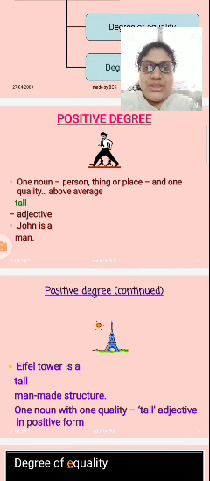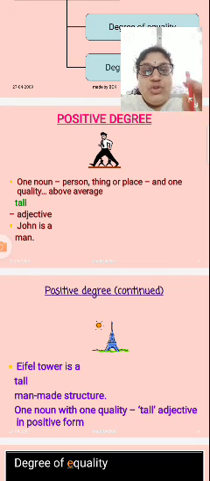So tall. Tall is the adjective. John is a man. So here, what is the positive degree? Positive degree is shown as the person or the thing or the place and only one quality. So here John is a man, which is the one quality.